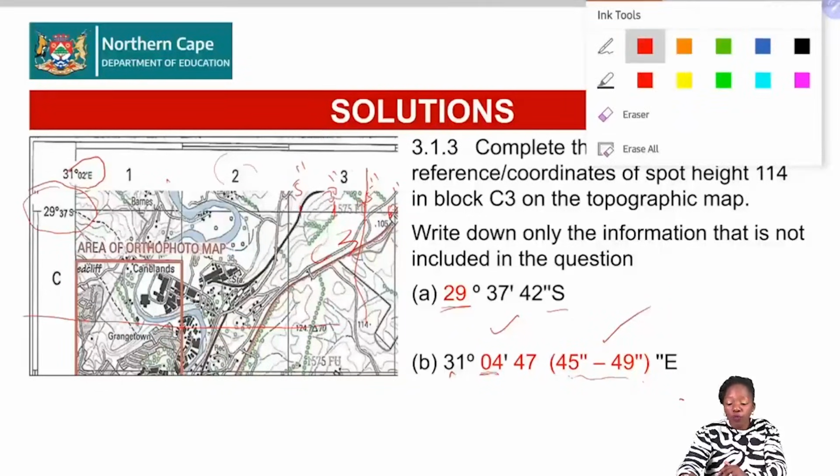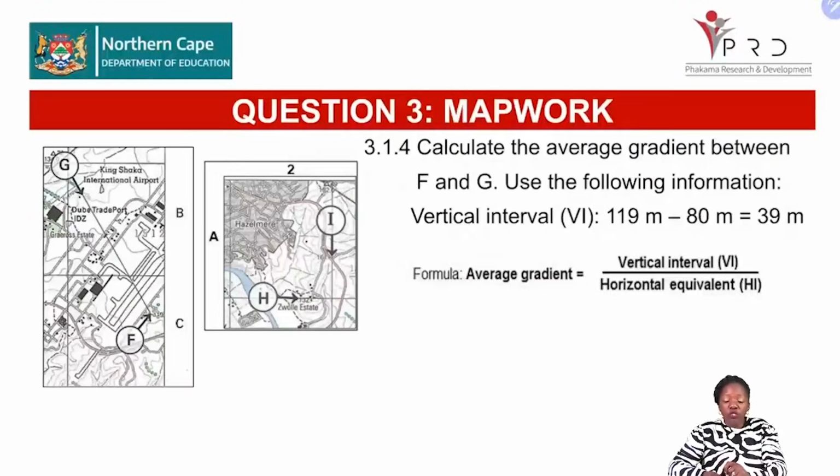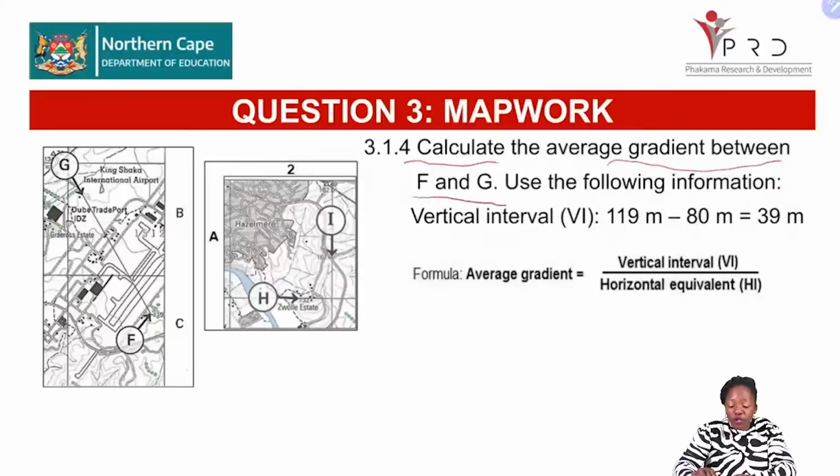Then, moving right along with our next question, you need to calculate the average gradient between F and G. So here is our F and here is our G. In that calculation, use the following information.